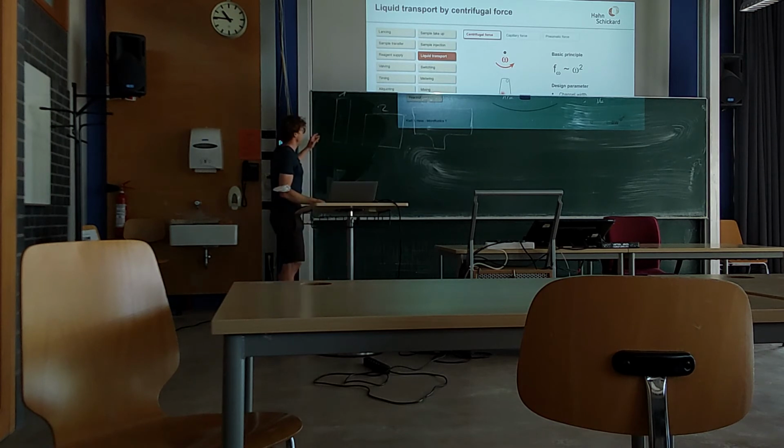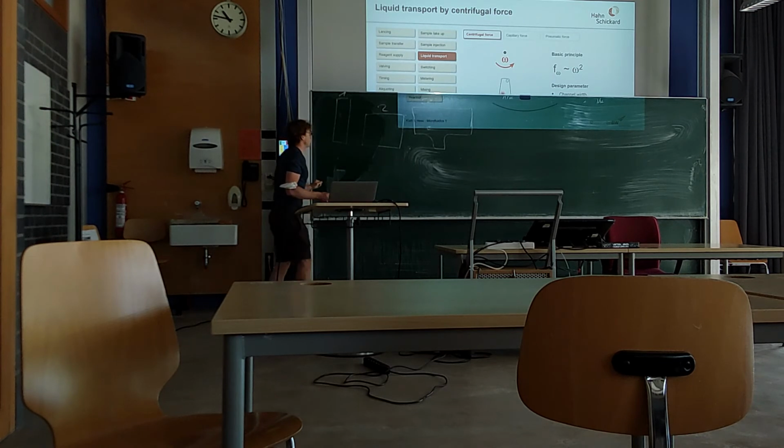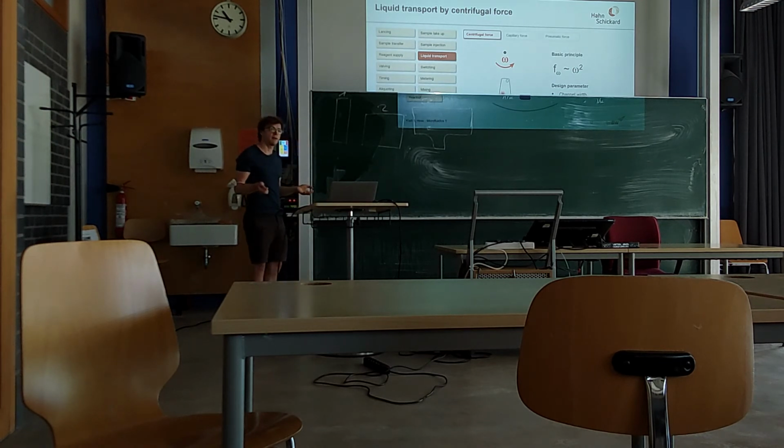So let's assume that the depth of all chambers is equal, and that we now add the same volume of liquid into each chamber. So what's your guess? Which chamber has the highest and which chamber has the lowest pressure? Number 1 is highest and 2 is lowest.